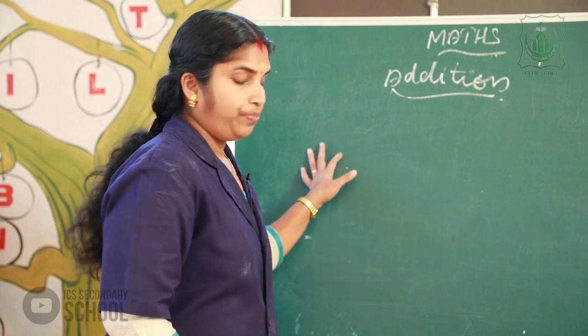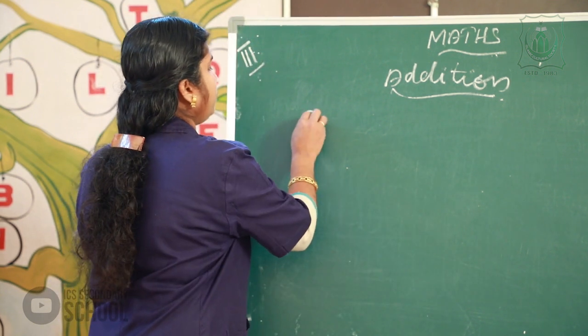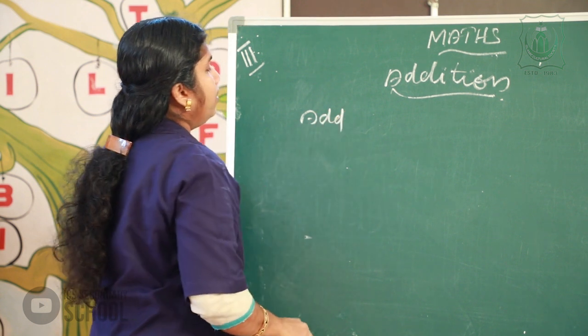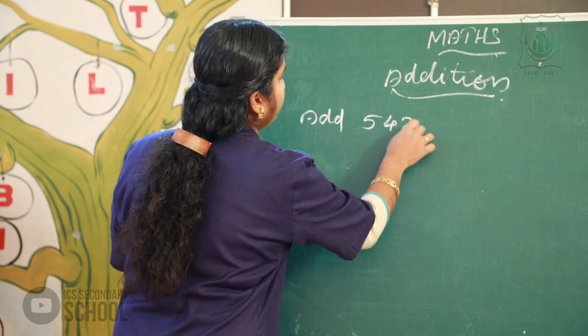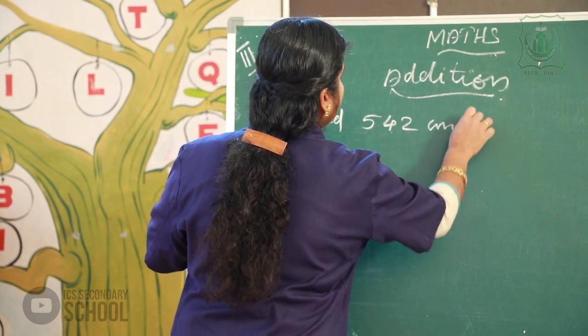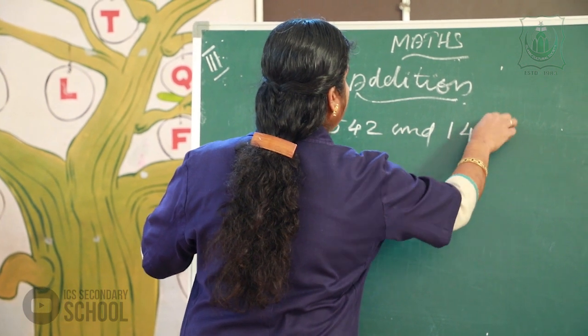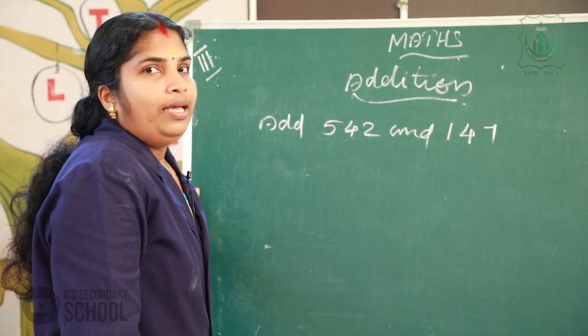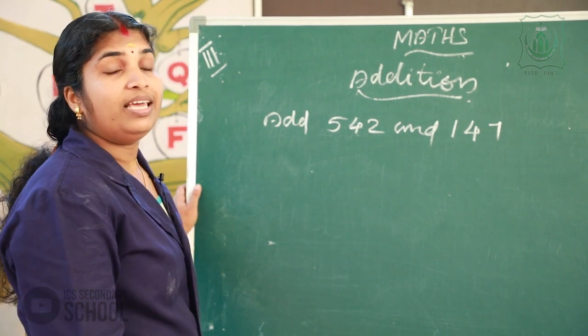Please listen here. Add 542 and 148. In the previous class we arranged the digits in columns.